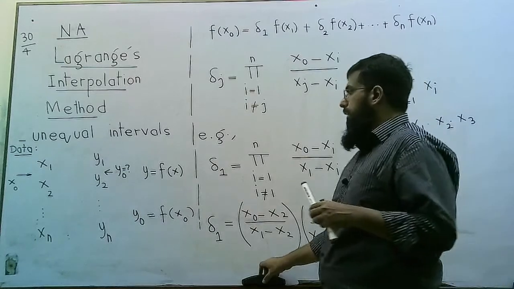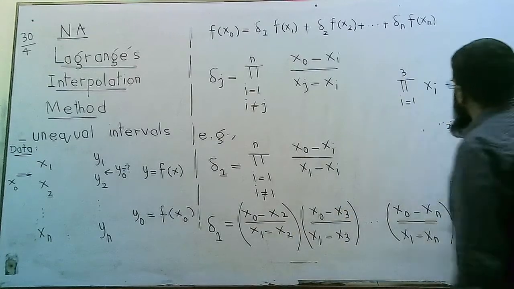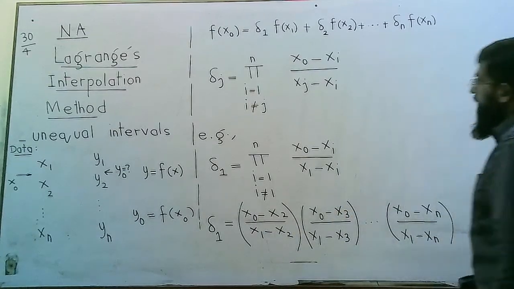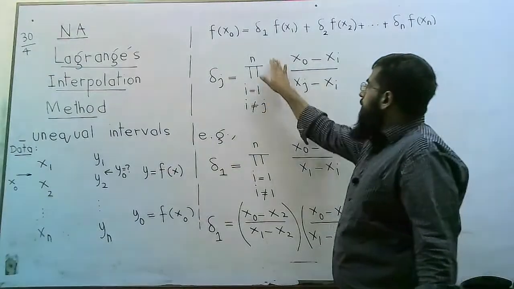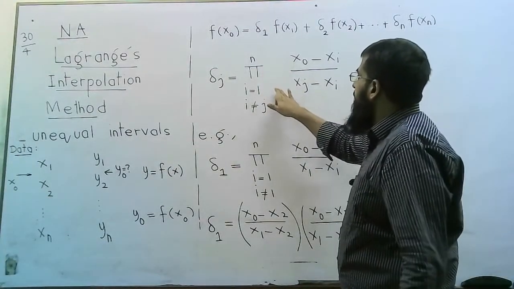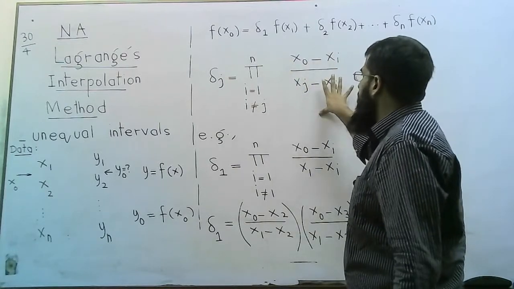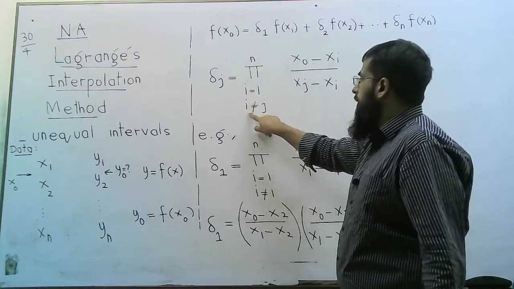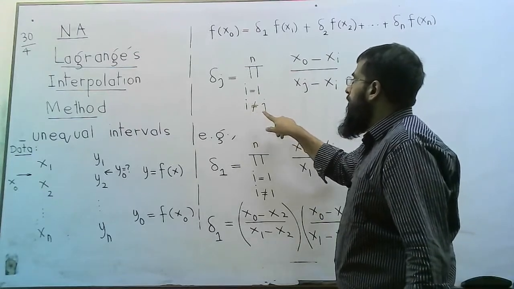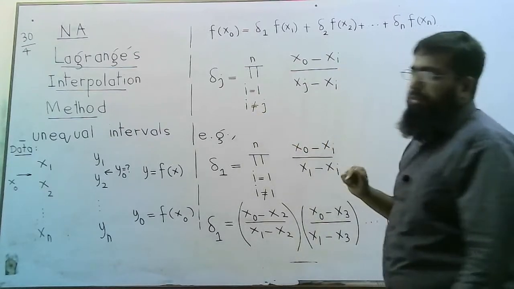Right, this is the sign for product. So this means from 1 to n, we will multiply the ratios from 1 to n, but we will ignore the value of i that is exactly equal to j.